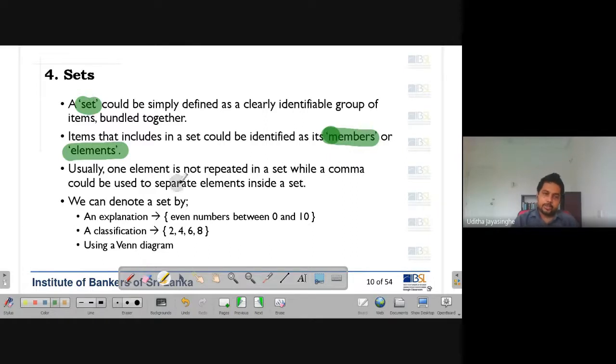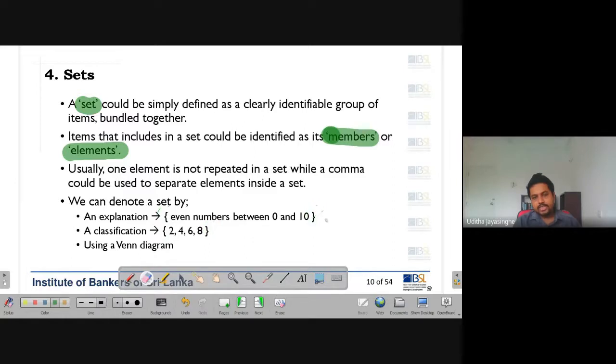Usually one element is not repeated in a set, while a comma is used to separate elements inside a set. Likewise, in our sample space, we can use the same simple brackets to denote a set.